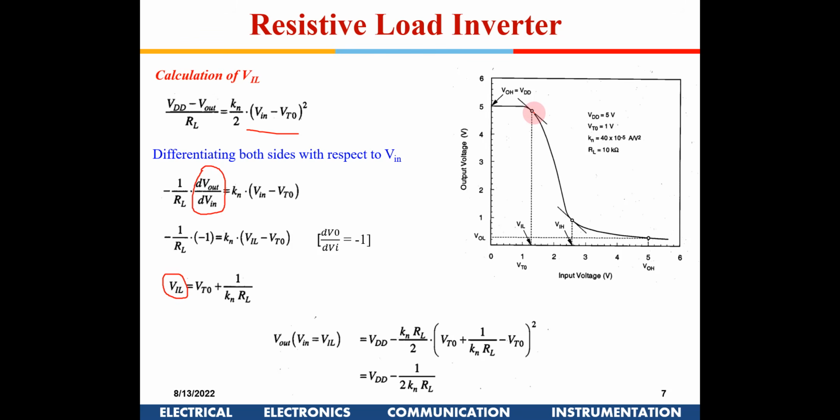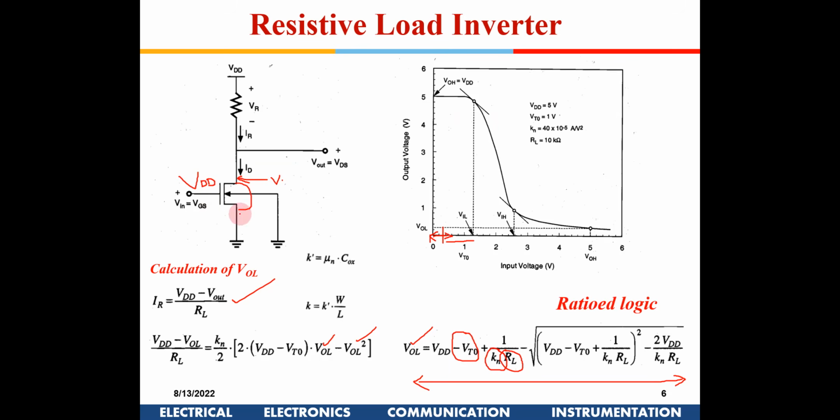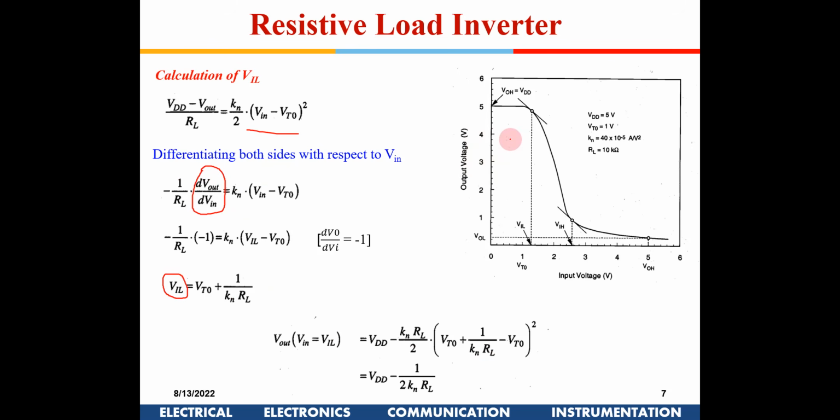VDS has to be greater than Vin minus VTO. That would be the case here, because we have output close to VDD. So we have a VDS of the transistor very large in this case, isn't it? Is it okay? Yes, sir. Thank you. So that is the reason.